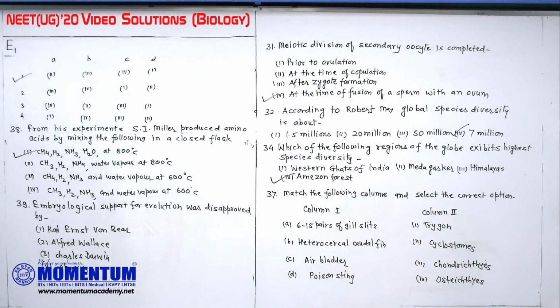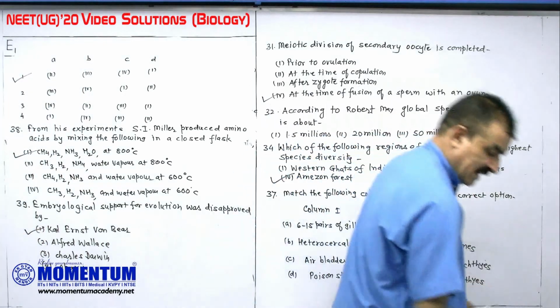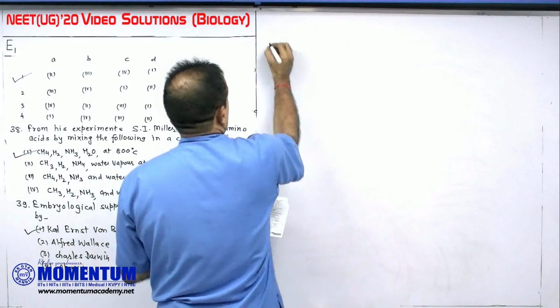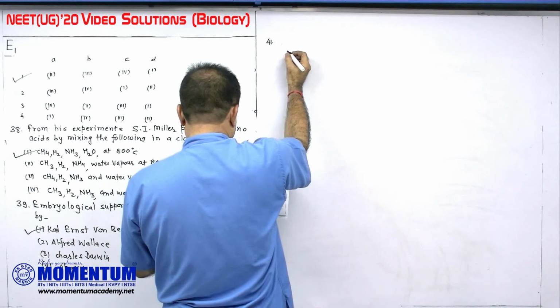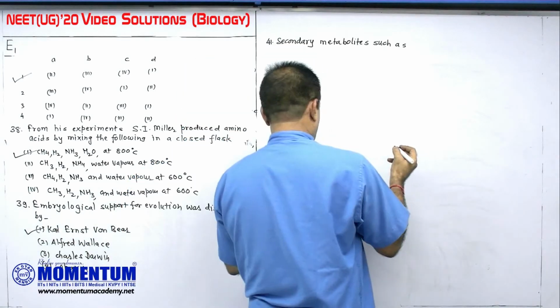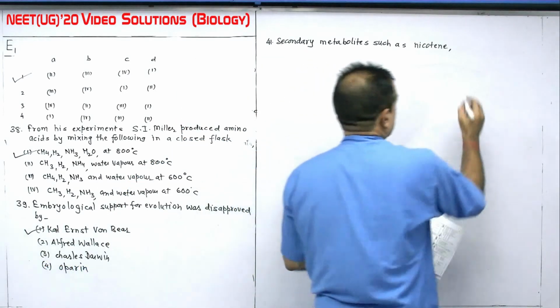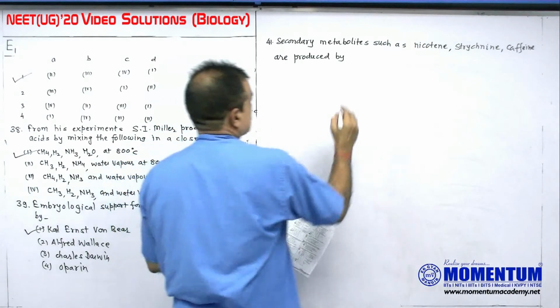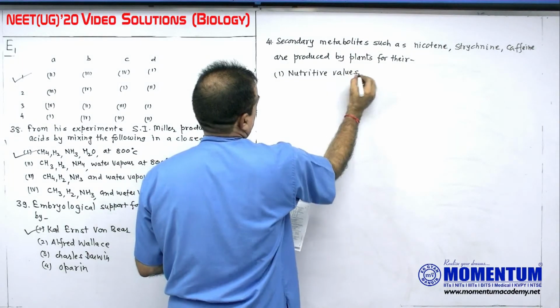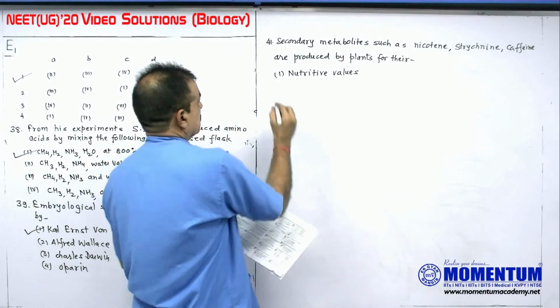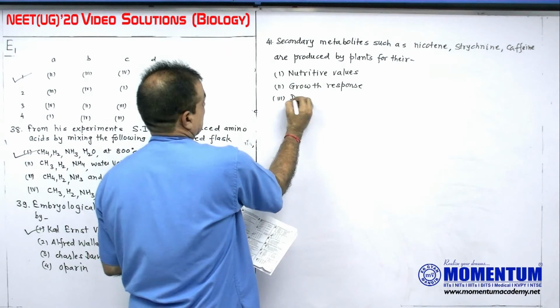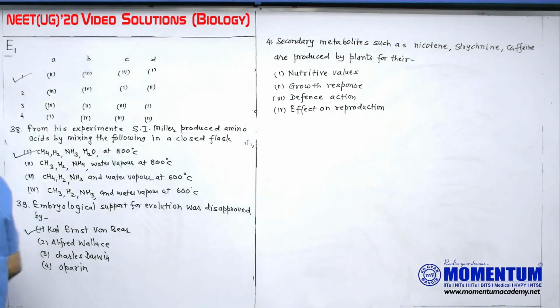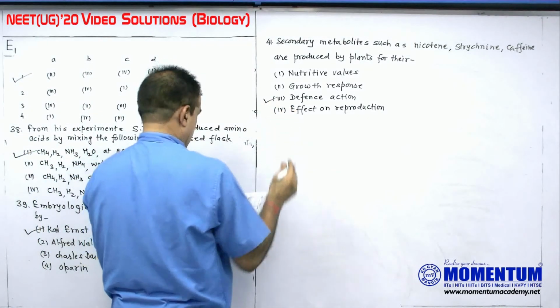In this, von Baer was the person who is related with embryology. 41: secondary metabolites such as nicotine, strychnine and caffeine are produced by plants for their nutritive value, growth response, defense action, or effect on reproduction. So secondary metabolites, that is for defense action.